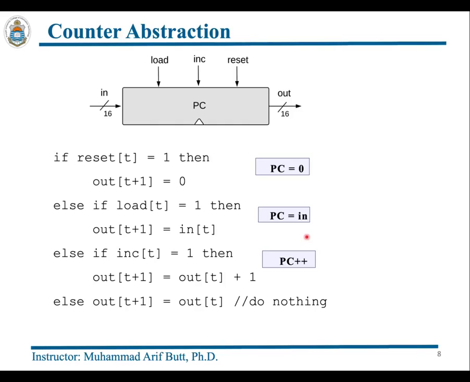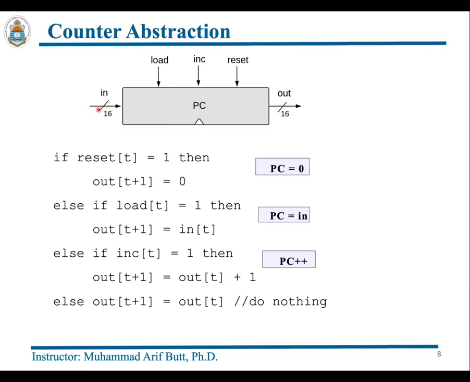And this is the abstraction that is shown to you right now. So this is a program counter register having a 16-bit input and a 16-bit output. Remember, since our Hack computer is 16-bit, we are designing the program counter as 16-bit. For a bigger computer, you can always design a program counter for 32-bit and 64-bit as well.